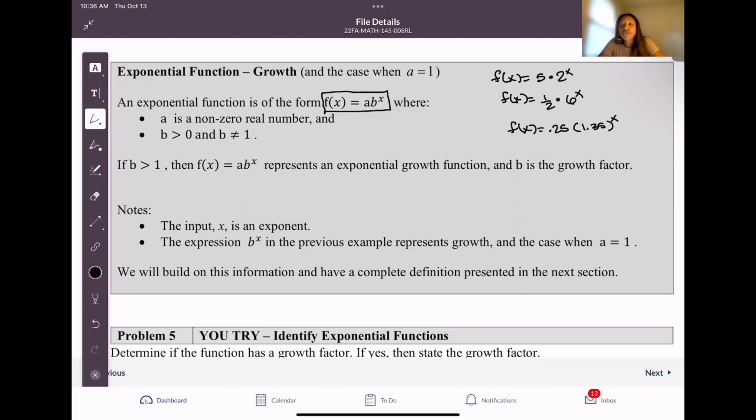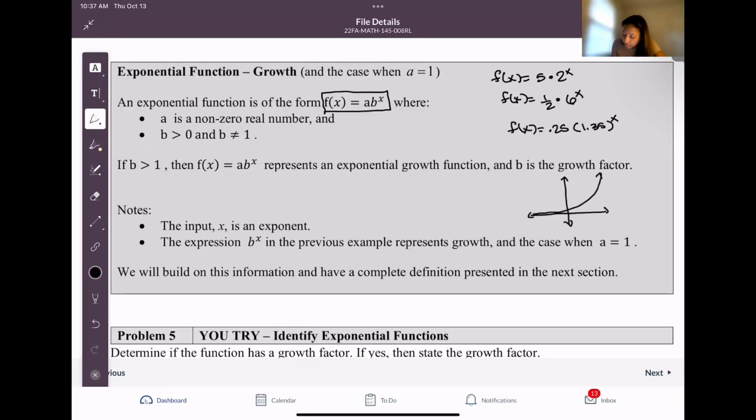The big thing is, for an exponential function, the x is in the exponent, okay? You have a numerical base and a variable exponent. When this a term is positive, we get something that's called an exponential growth, which just means that as we look from left to right, the graph is increasing. What else? We'll focus a lot today on talking about what the graphs of these types of functions look like. In general, though, they all will have that same kind of shape as 2 to the x.